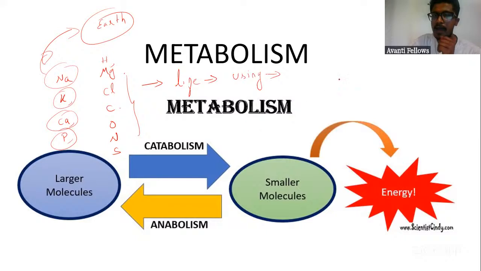Let us take an example of a tree or a plant. How is this tree or plant surviving? For it to survive, what does it require, guys? It requires energy, correct? So where does it get its energy from?